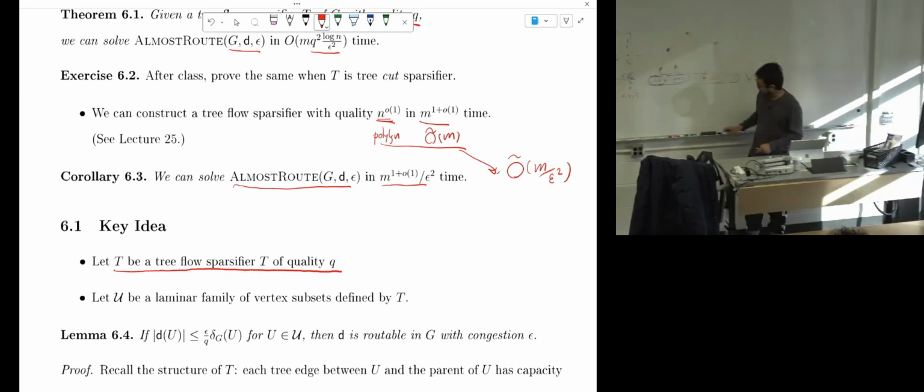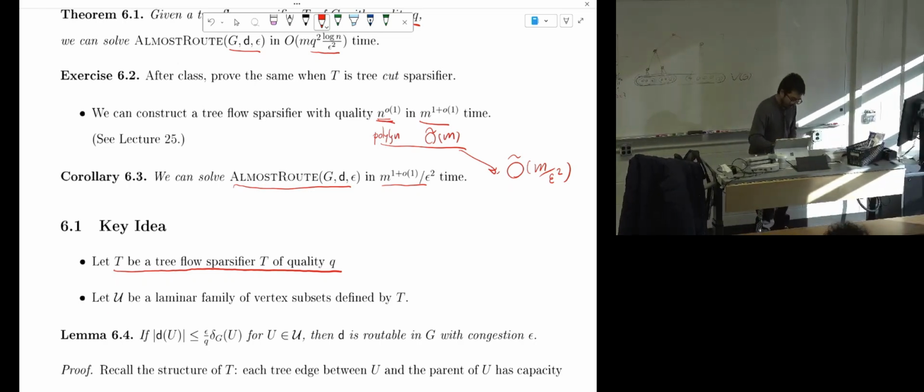Okay. So let U be the laminar family of vertex sets defined by T.